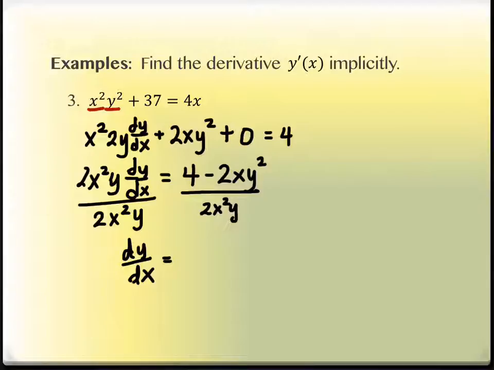So I can factor out a 2 from every term and reduce all of these. So that will leave me with 2 minus xy squared over x squared y. Can I simplify any of the x's or the y's? No, why not? Yeah, this 2 in the numerator doesn't have the x or the y in it, so it doesn't have an x or y in all 3 of those pieces, so we can't do that. Okay, any questions on that one?